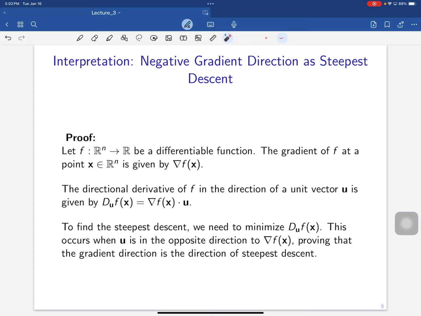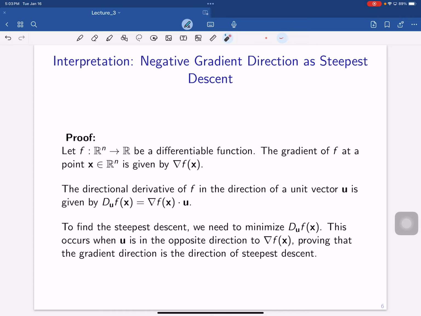The proof is very simple, just three lines. If f(x) is a differentiable function, then of course the gradient is denoted as this. And if you take the directional derivative of f in a unit vector, yes, Ari is right, we should pick a unit vector for the sake of the argument, because the magnitude does matter.